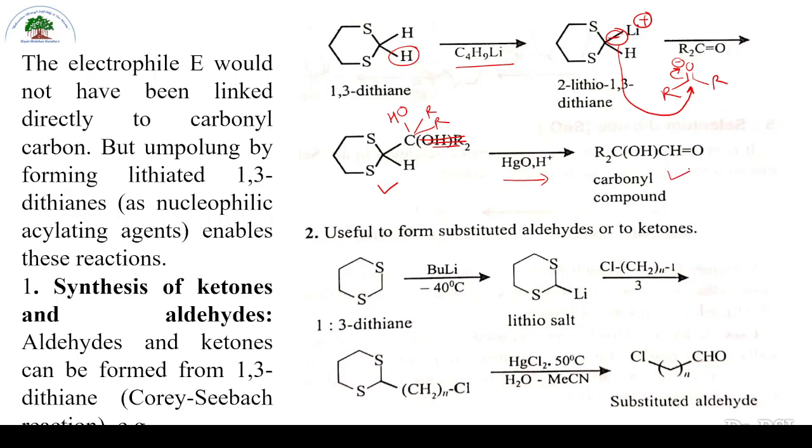And hydrolysis gives us the carbonyl compound after reaction with HgO and H plus. This can be used for formation of substituted aldehydes and ketones. 1,3-dithiane reacts with butyl lithium, forms the lithium salt, and reaction of alkyl chloride with this lithium salt gives us a substituted 1,3-dithiane, with substitution of the alkyl chloride taking place in the place of this carbanion.